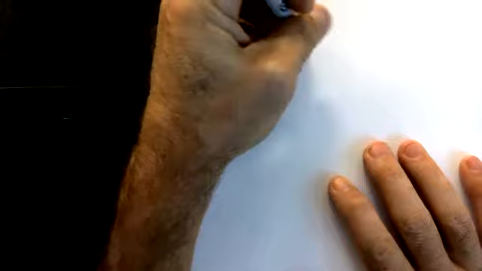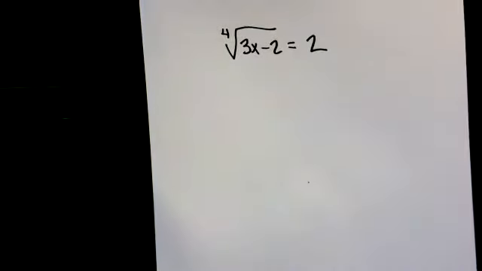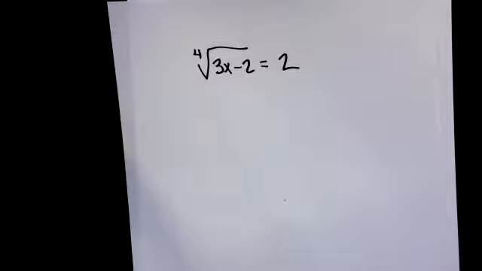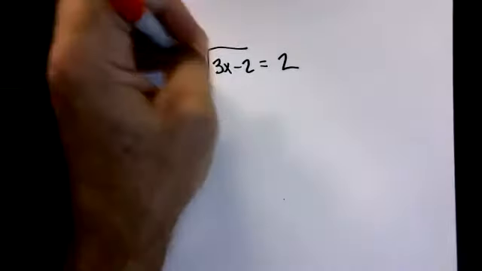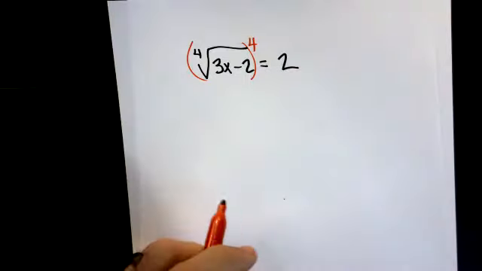If they change the index, the only thing that changes is the exponent you would use. If they gave me a problem like so, the fourth root of 3x minus 2 equals 2. To get rid of a fourth root, we use a fourth power.